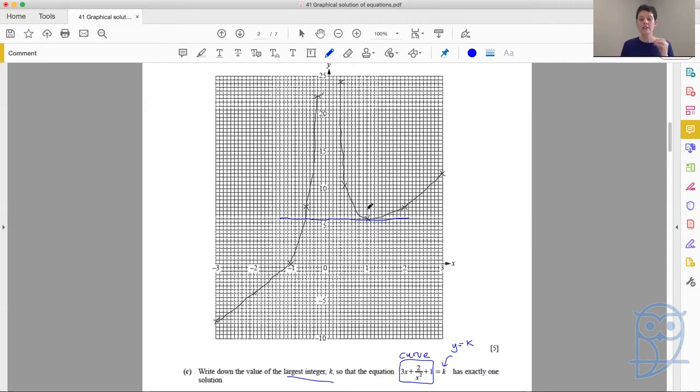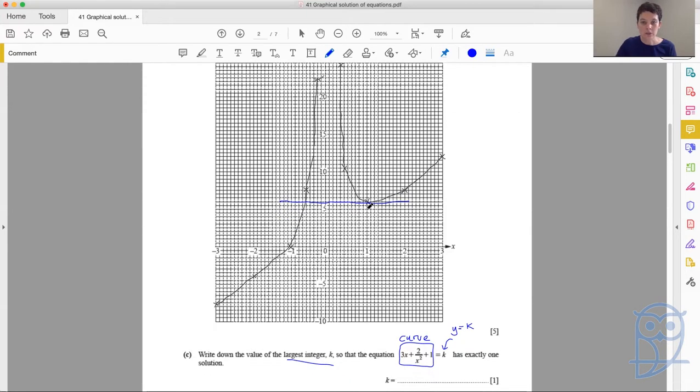The largest integer is the first integer we bump into as we move down. Our scale is 2 blocks for 1, so working down from here, our largest integer is 5. So the largest k value here would be 5.